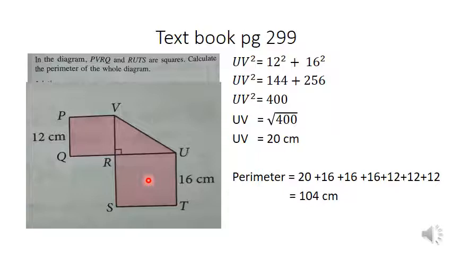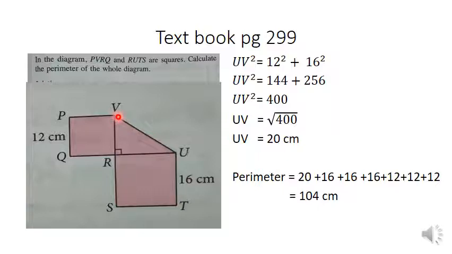Okay, now do you know the length of this side UV? Yes, you do not know. So now you need to find the length first before you find the perimeter of the whole diagram. Can you find the length of UV?